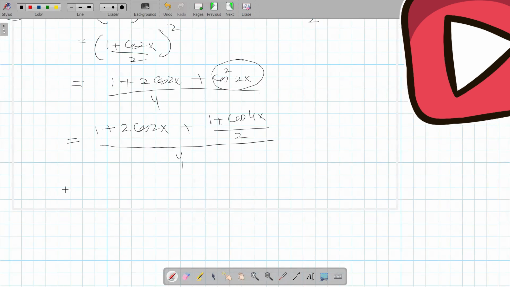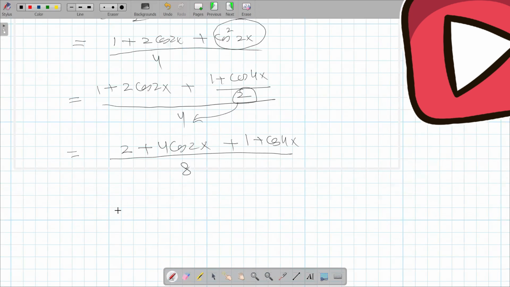Now we will simplify this, taking the LCM in the numerator, and that LCM 2 will be multiplied with the denominator, making it 8, and this 2 will be multiplied with 1, giving 2 plus 4 times cos 2x plus 1 plus cos 4x. Now let's rearrange these terms.